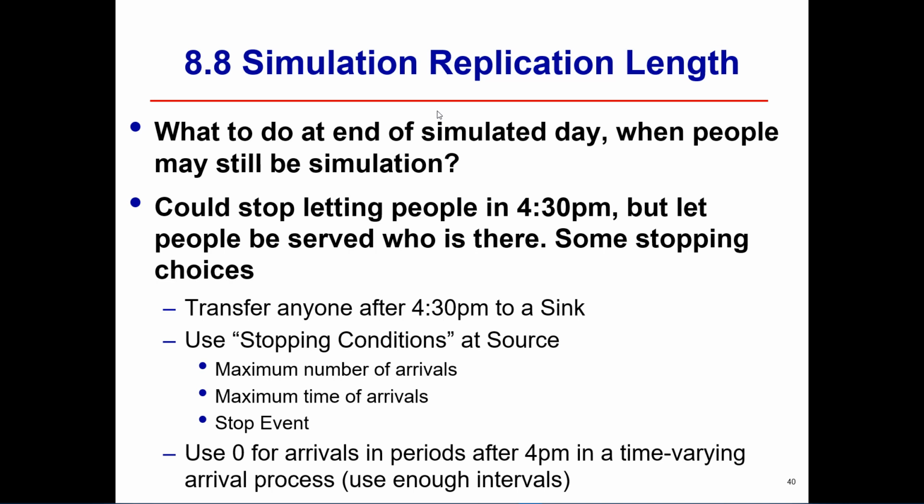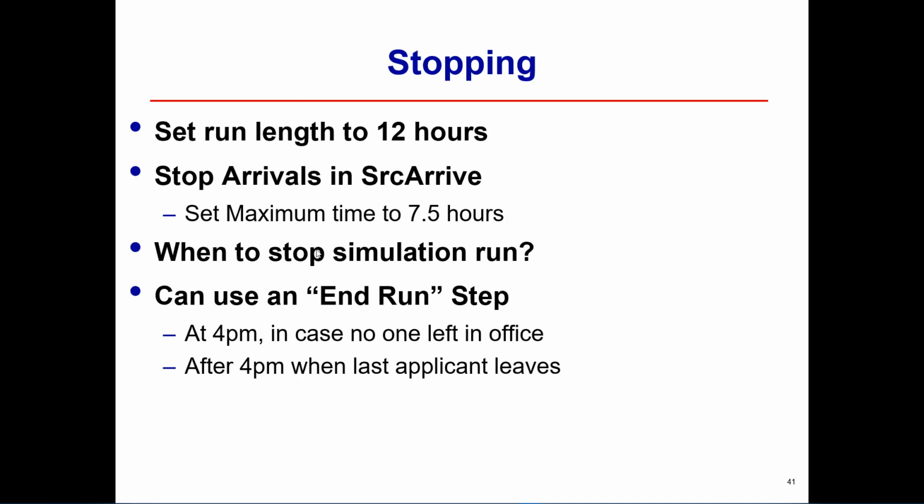Also, once the system still continues running after the source is shut down, when will the simulation itself be terminated? So we need to add an add-on process to end the run of the step.